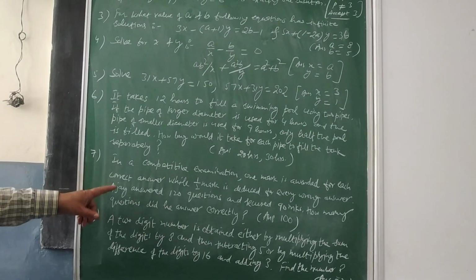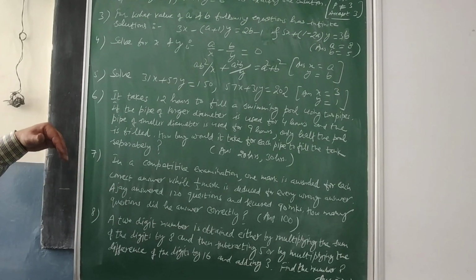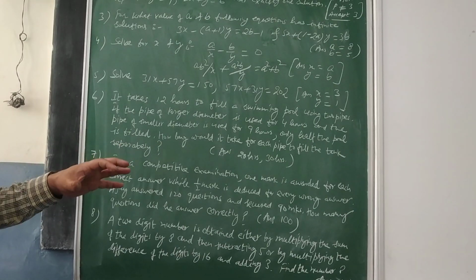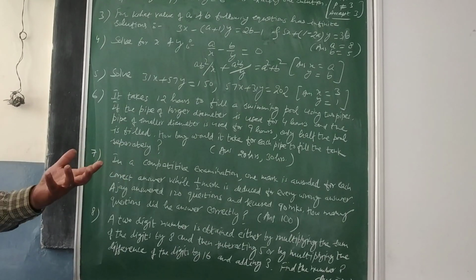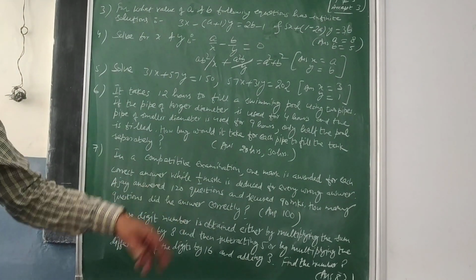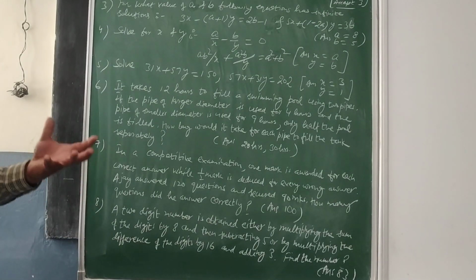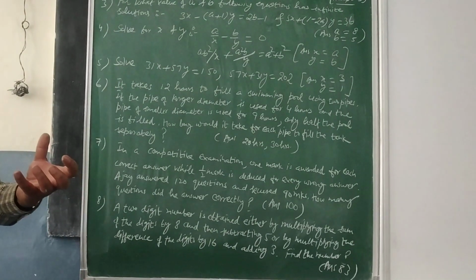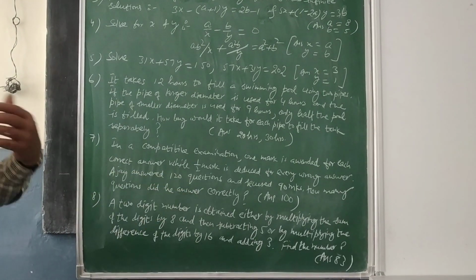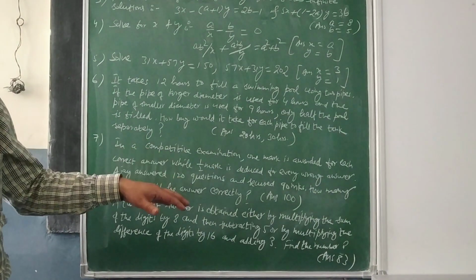Then another question, which was again discussed in your NCERT. When a candidate appears in an examination, marks are awarded for each correct answer and reduced for each wrong answer. That is the condition discussed in this question, and how many questions did he answer correctly. Let the correctly answered be x and the wrongly answered be y. The score and conditions are given.